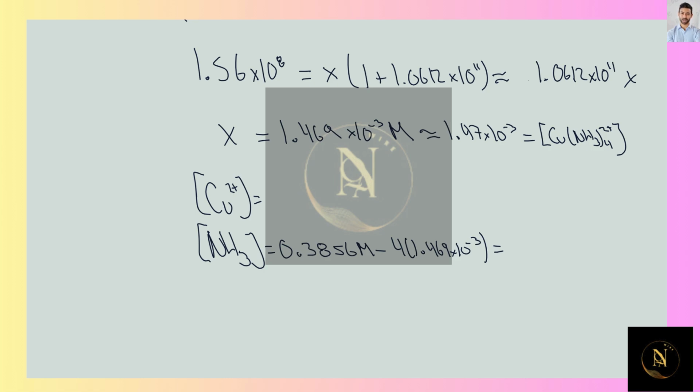So 0.3856 minus 4 times 1.469 times 10 to the minus 3. We're going to have this concentration is 0.379724 molar. This is going to be our final concentration for this compound.